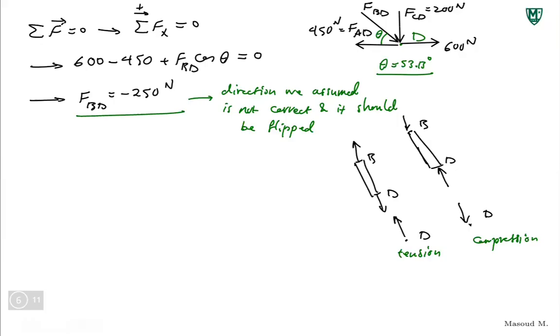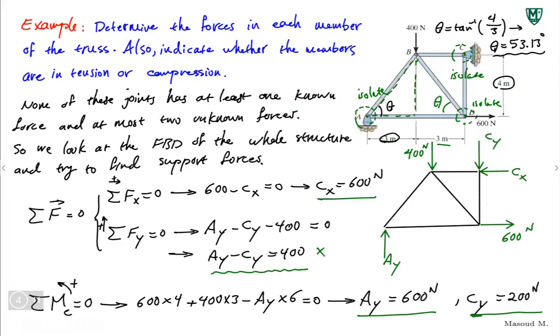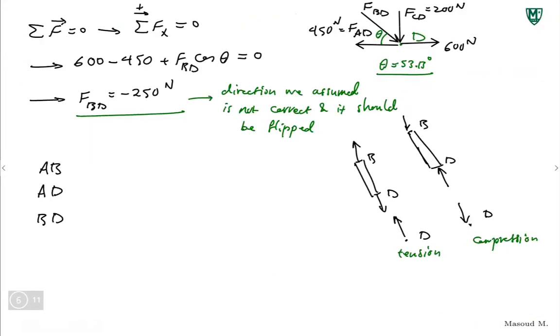All right. So, I know you want me to wrap it up. So I'm going to wrap it up. We got all the forces we wanted, and we figured out all the members. So I'm just going to put it briefly here. What members we had? AB, AD, BD, BC, and CD.